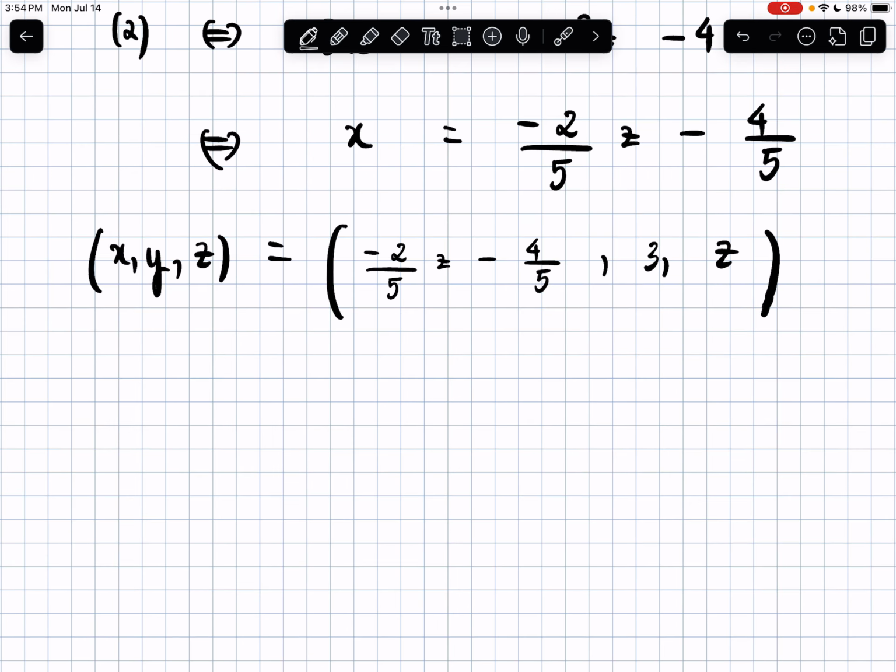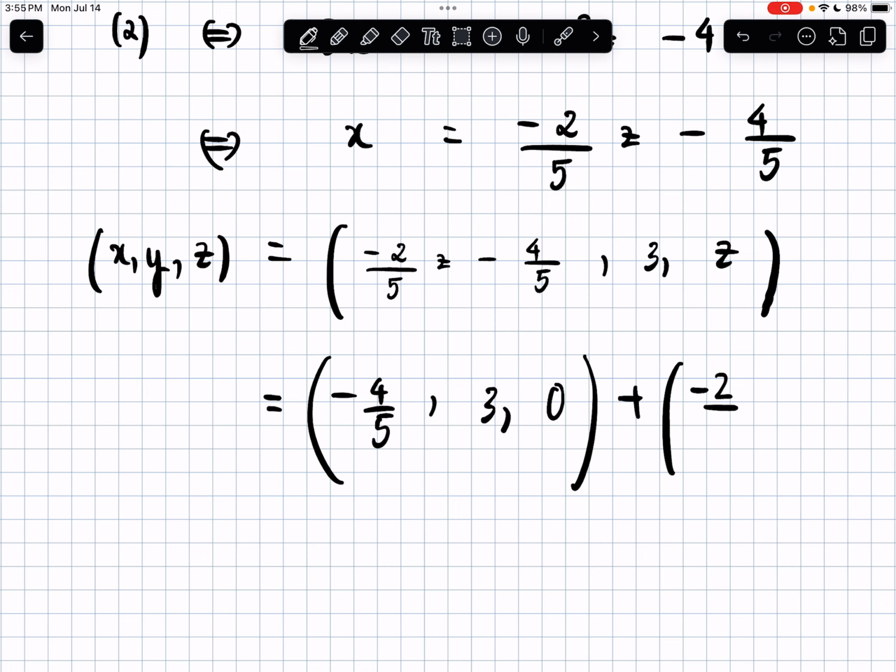So for each value of z, we have one triple x, y, z. So this gives us minus 4 by 5, 3, 0, plus minus 2 by 5 z, 0, z. We just split all the numbers out there.